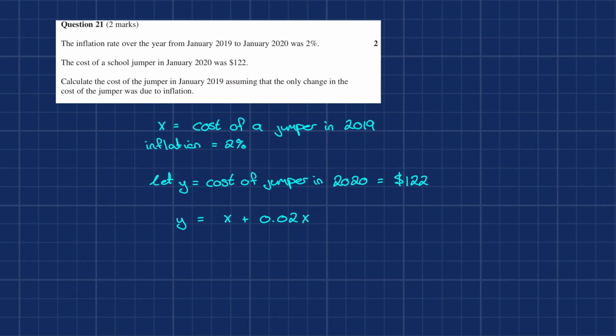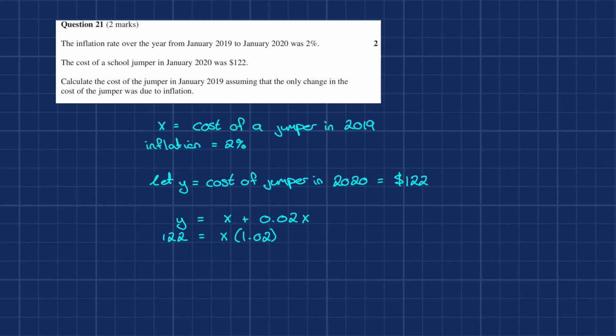So it's x plus 0.02 times x, which is its initial value, plus the 2% that it has grown due to inflation. Now this gives us, plugging in our value for y, 122 is equal to x times 1.02, right? Factorizing out the x gives us 1 and 0.02, so 1.02.